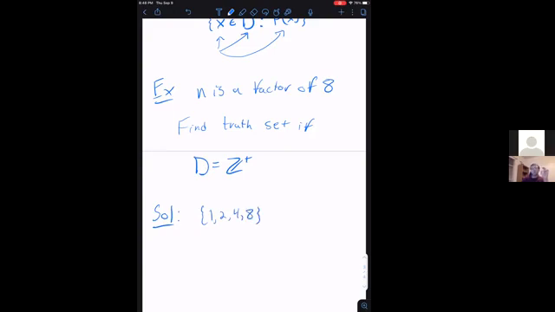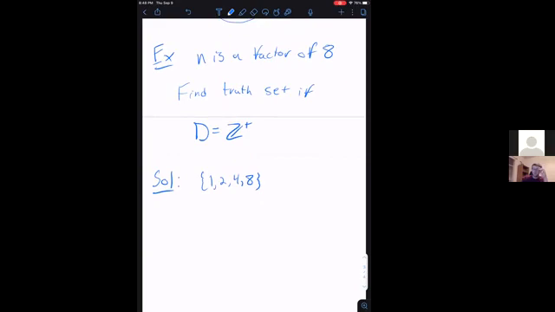That's my truth set. So I look at my whole domain and I pull out the ones that make my statement true. So what are the ones that make my statement true? Well, any factor of 8. Notice it's different if I do D is equal to just the integers. So I can include negative numbers. Now my answer is -8, -4, -2, -1, 1, 2, 4, and 8.